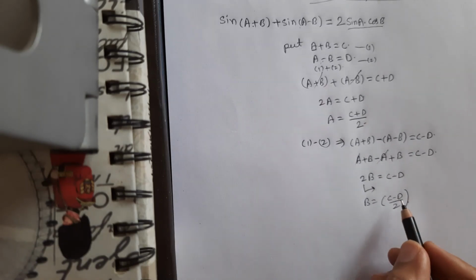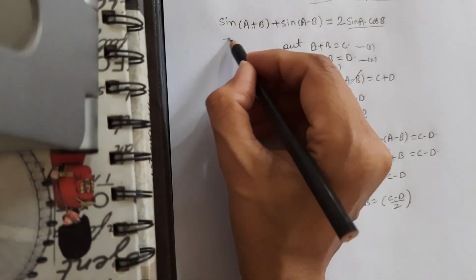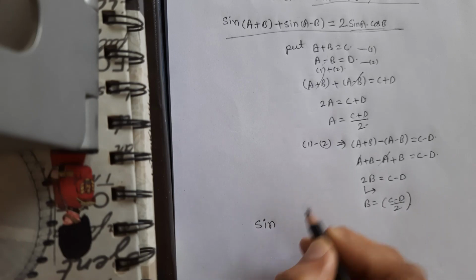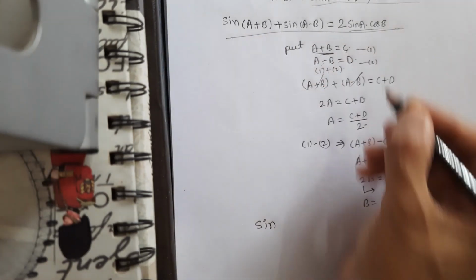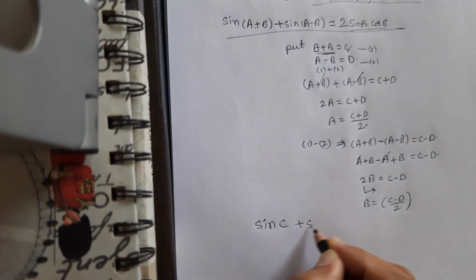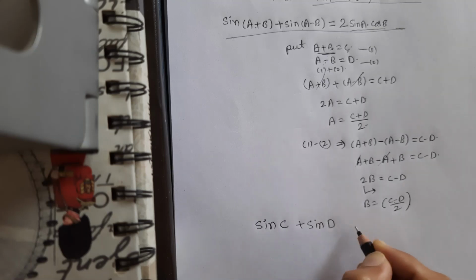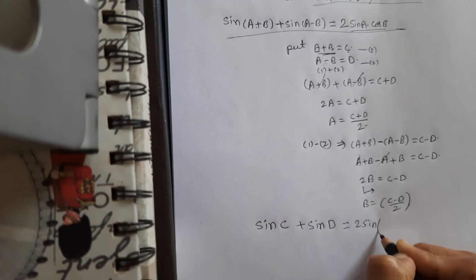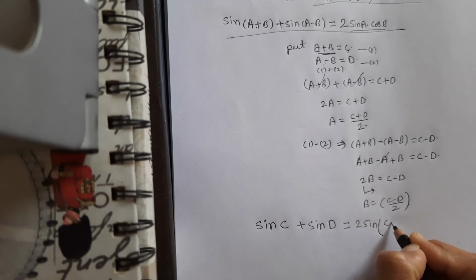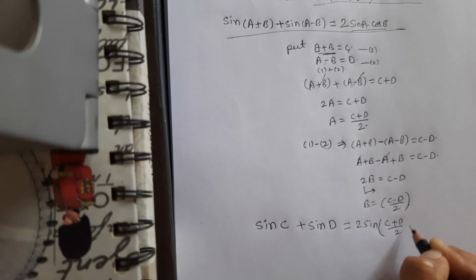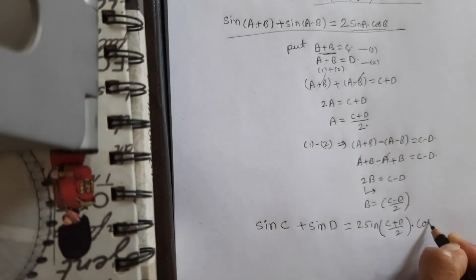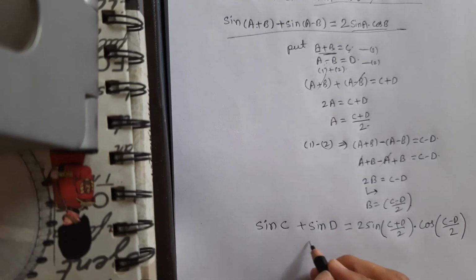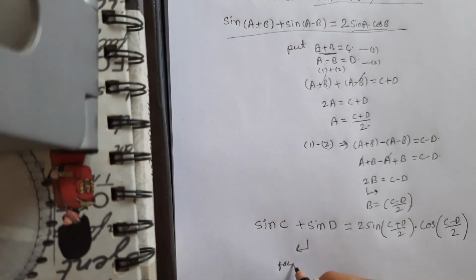Now if I put all these values of A and B in this equation, I get sin C plus sin D equal to 2 sin ((C plus D) divided by 2) into cos ((C minus D) divided by 2), and this is called the factorization formula.